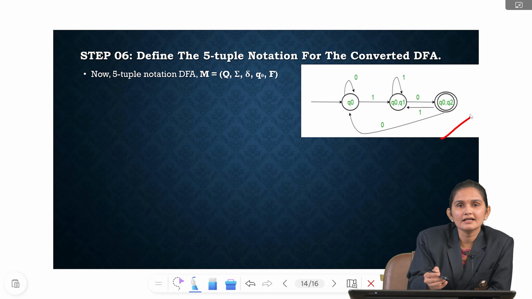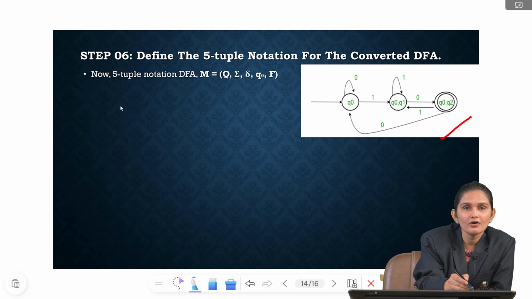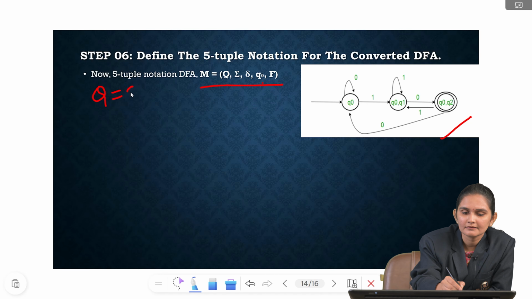With this, we can form the tuple. What is the tuple for a DFA? It is Q, sigma, delta, Q0, F. What is Q? The set of finite states. What are the states here? Q0, Q0 Q1, and Q0 Q2.